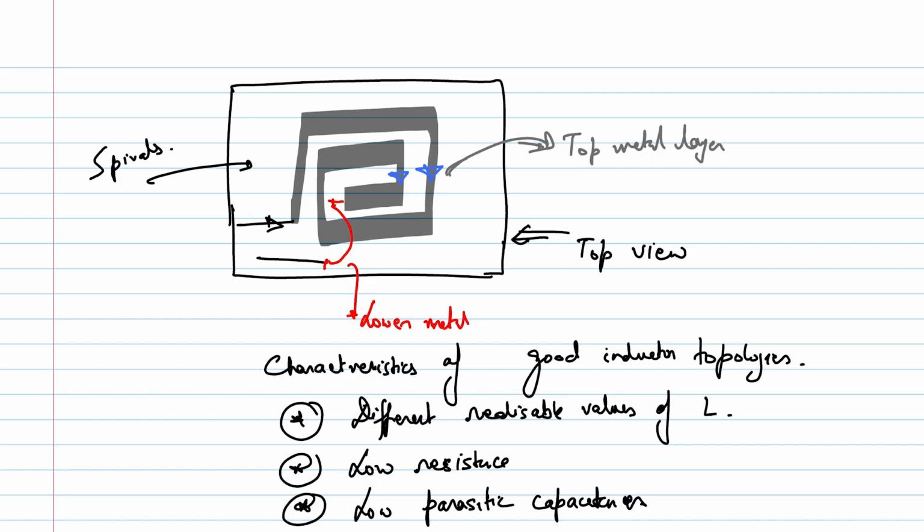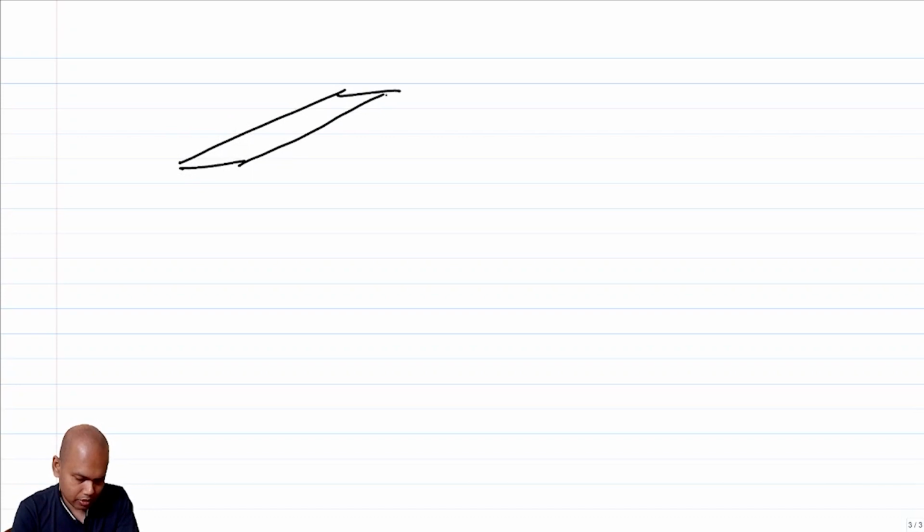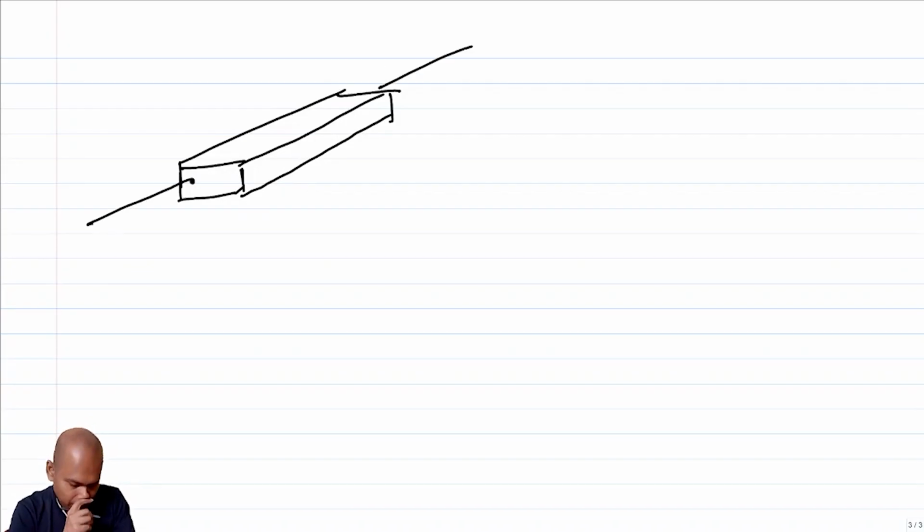Let's attack the resistance piece. So let's take one simple metal line. Now I am not taking the top level. I am trying to show you a three-dimensional view, right? So your current goes in, current comes out.